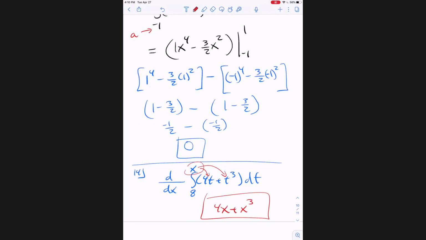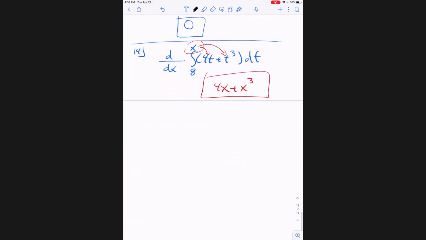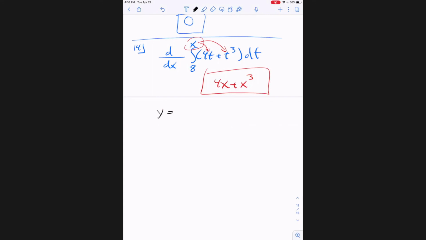You guys want to do another one now? Let y equal the integral from, say, 2 to x cubed of t squared plus 8t dt.